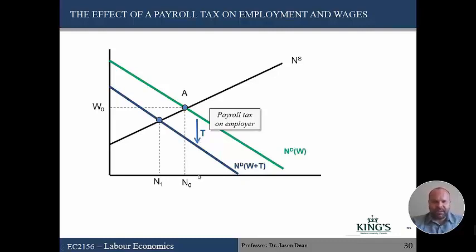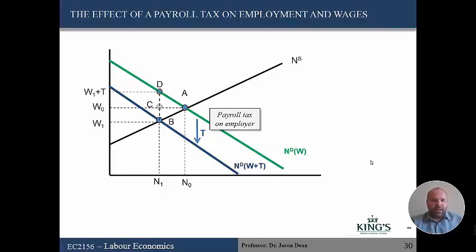That's simply because for any level of labor, say N0, in order for the firm to want to hire that amount of labor now, the wage they would have to pay would have to be this vertical distance lower, which is the amount of the tax, because now they have to pay this amount T. So in order for them to hire the same number of workers, the wage would have to be lower by the amount of the payroll tax. That's why the demand curve shifts down.